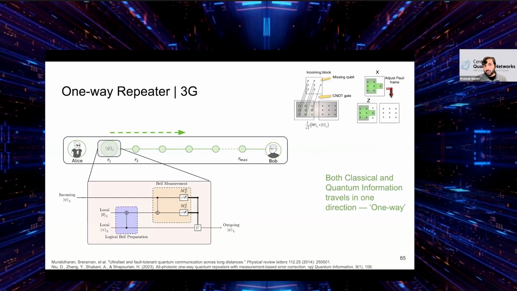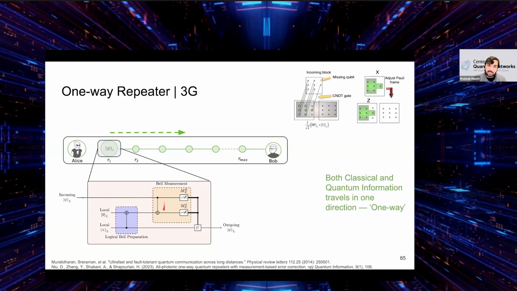Okay, now let's move to the one-way schemes. The one-way scheme, or the third generation scheme, utilizes this teleportation that we saw on the logical state. So you have this incoming psi L. You prepare a logical Bell state locally at the repeater.